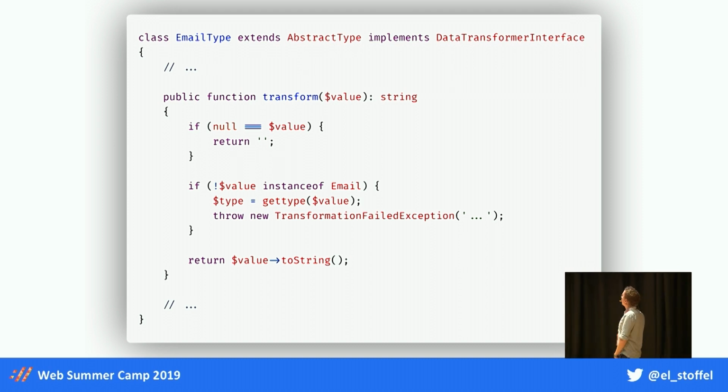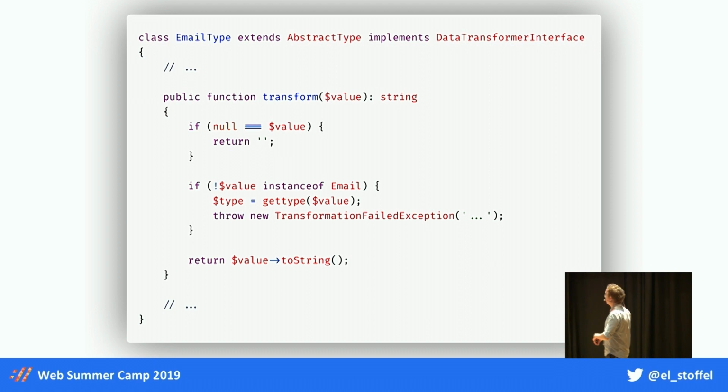And it looks something like this. So if it's a null value, we know it's just an empty string. And the extension point is designed to catch a transformation failed exception. And this exception is also turned into a form error.